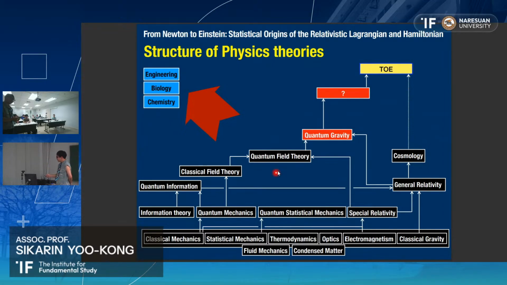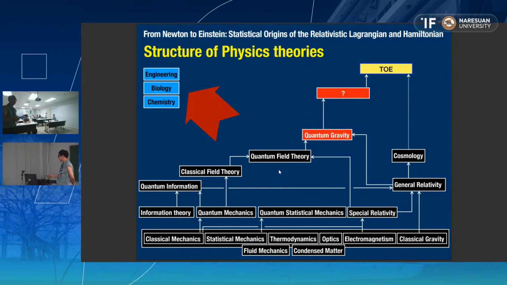And you can go up to the higher theory, like quantum field theory or general relativity, as well as cosmology. And the quest is how to construct quantum gravity. We don't know yet how to get that. And at the very top, I put the TOE, theory of everything, which, again, we don't know what kind of theory we're going to get. We wait and then we will see.